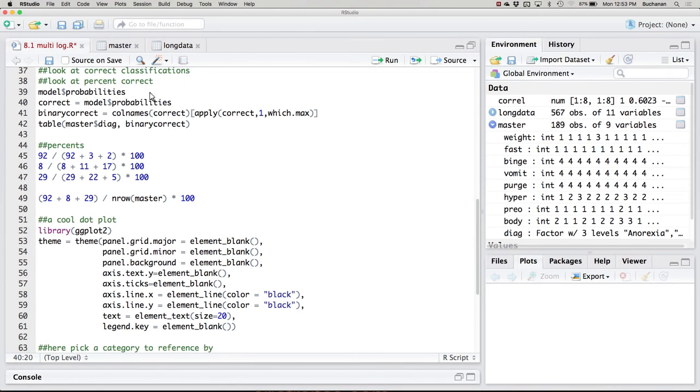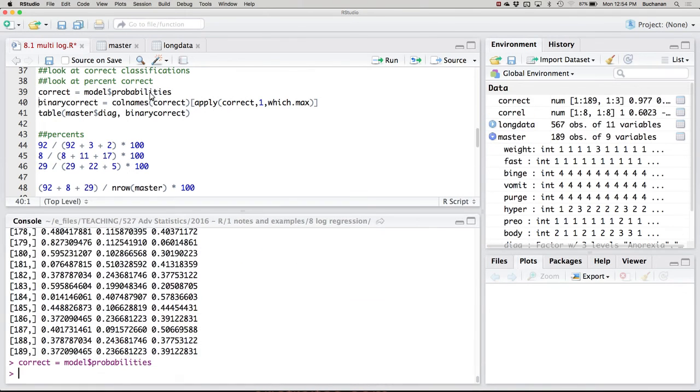What I did to actually get those classifications is, I think, line 39 for you guys. Okay, so I saved them as a separate little data thing because we're going to use it a couple times. And then I called it binary correct again, although it's not really binary. But that disgusting looking piece of code, what it does here, so start here. Apply is very similar to tapply, but for each row, it calculates something. So we've been using apply to calculate percent correct for participants. Now we're using apply to figure out which one is the max.